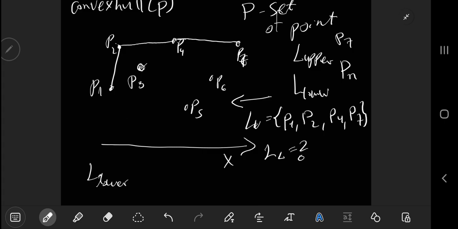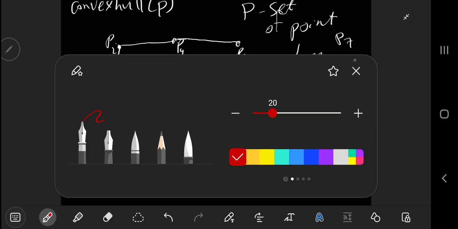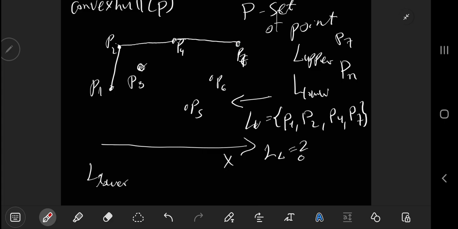So now for L lower, let's use another color. I will start with P7, here it is, and go to the point previous to it, P6. Now these were the first two, so it's okay, we're still not checking for a right or left turn.